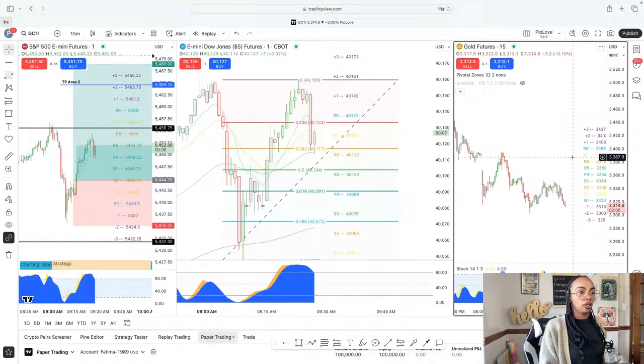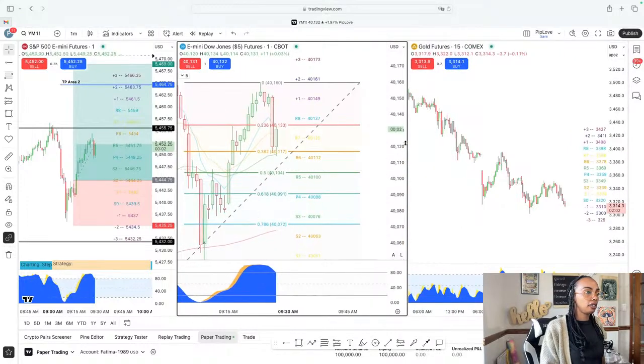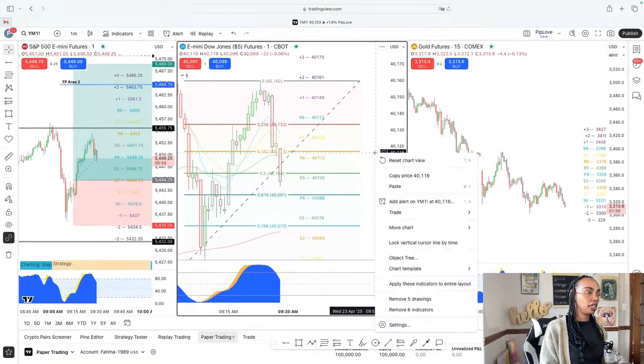Alrighty, and what is gold doing? Okay, it's coming down. It hit that 61.8 level. It's still selling though, so we can still hold on to this trade.